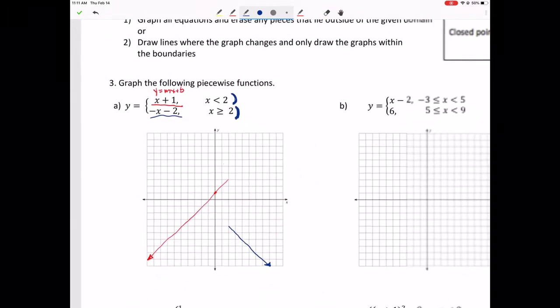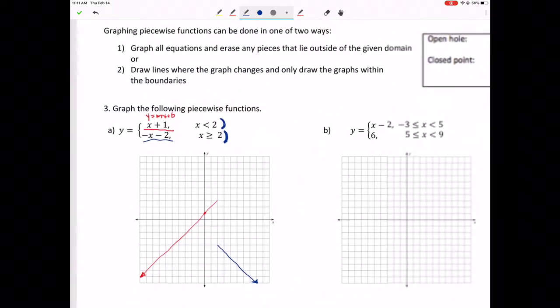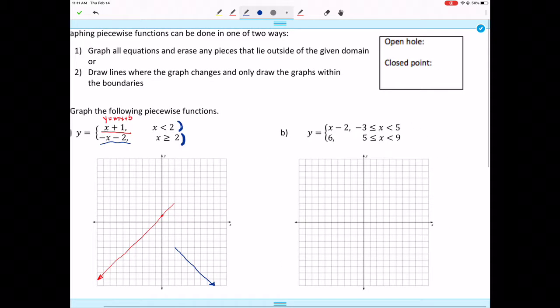I think some of the students have talked about how you've learned how to do this before, at least with inequalities. So here we have an open point.